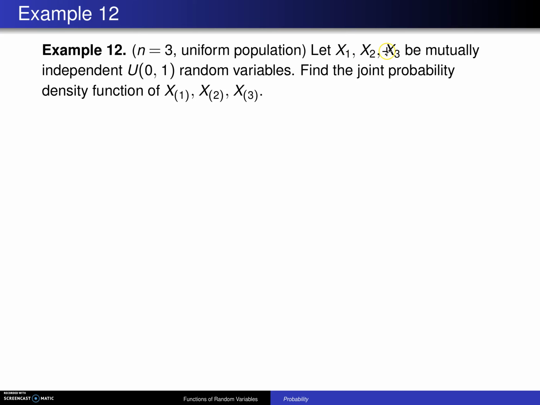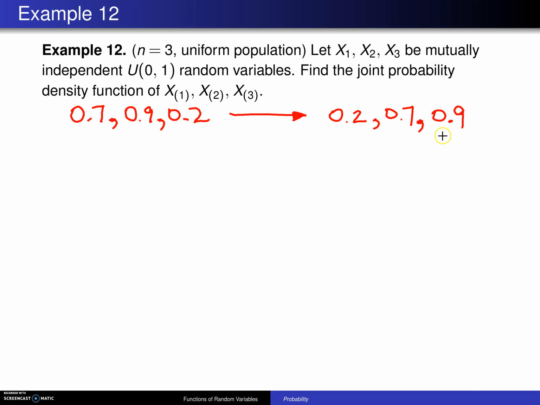So for example, if the raw data would come in, and I'll just use one digit to keep things simple, 0.7, 0.9, and 0.2, that if that's x1, x2, and x3, then those get transformed to the order statistics, which in this case would be 0.2 for x1, 0.7 for the second order statistic, the middle value, and 0.9 for x3 as the largest value.